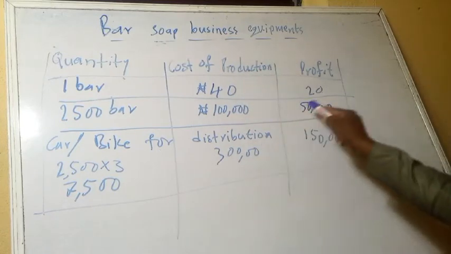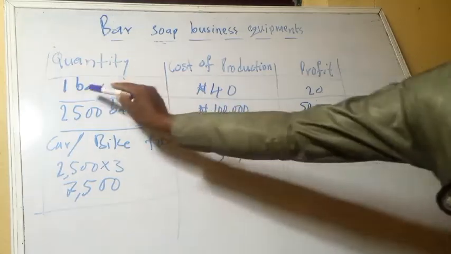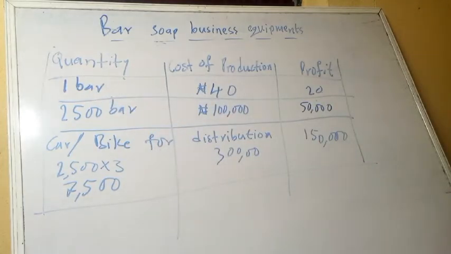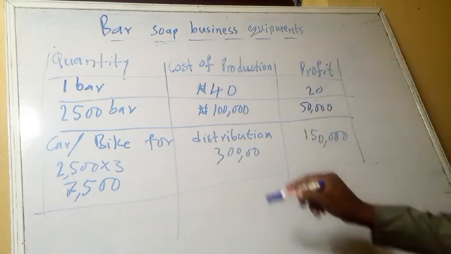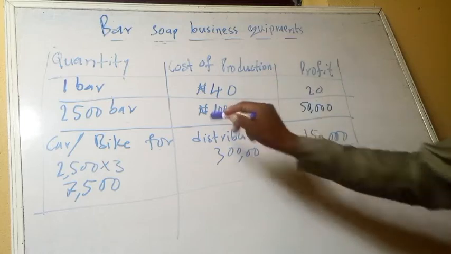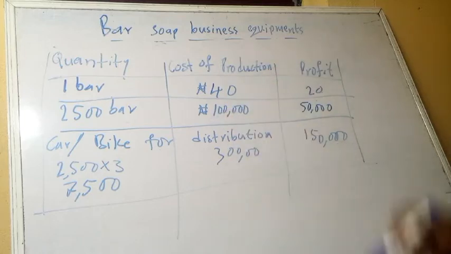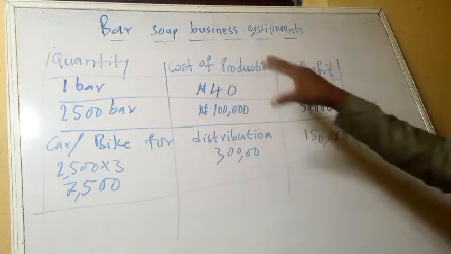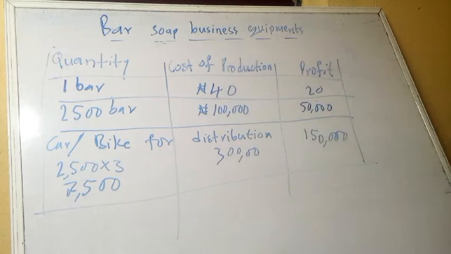And then if we are having 20 naira as profit per bar of soap, let's assume that we are producing 2,500 bars of soap. That means the cost of production will be 100,000. Remember, we budgeted 100,000 for raw materials and production, so we are actually within the range of our estimation.